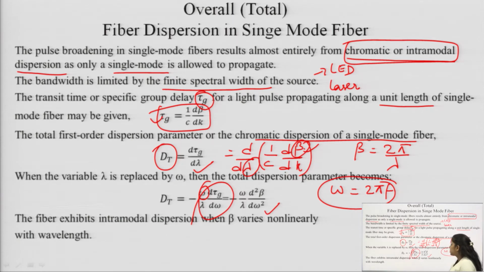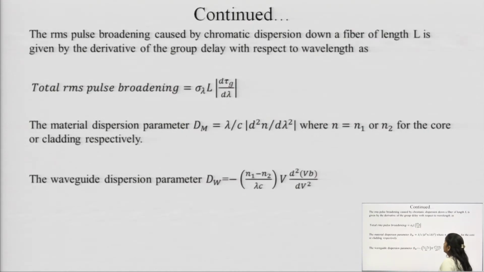The fiber exhibits intramodal dispersion when beta varies non-linearly with the wavelength. Exactly, this is a property of intramodal dispersion where beta has to vary non-linearly with the wavelength. The RMS pulse broadening caused by chromatic dispersion down a fiber of length L is given by the derivative of the group delay with respect to wavelength, and it is given by this one.